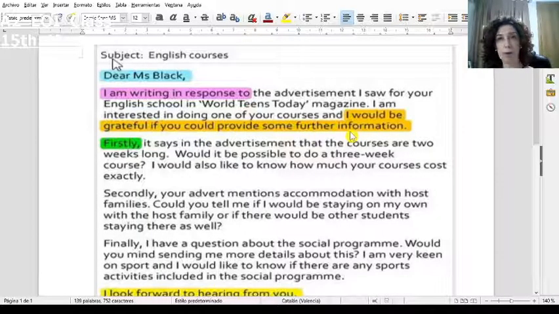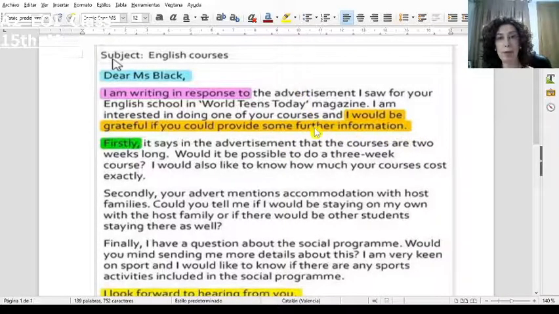Qué formal, ¿no? Estaría encantado si pudiera ofrecerme más información. No fica more information. Més formal, further information, i més enllà. Very polite, very formal. Vale, punto.